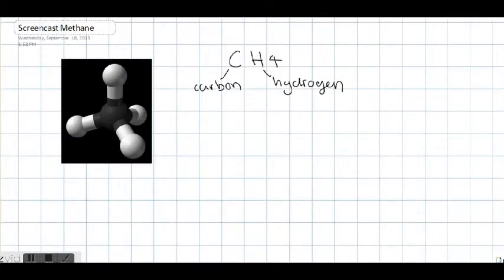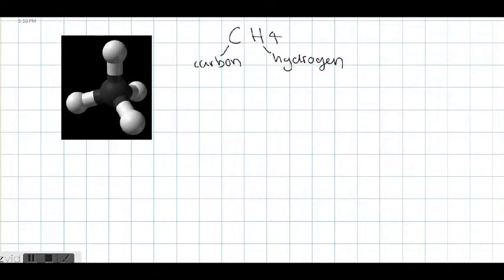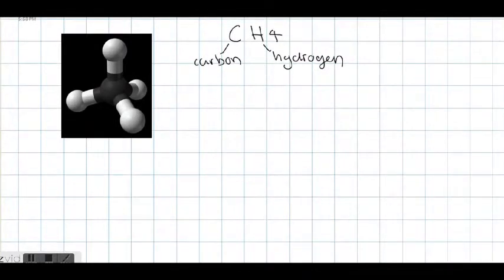Now, the best way to find out a lot about an atom is to draw a Lewis dot structure. And to draw a Lewis dot structure, all you need to know is what compound it is, and all you need to do is look up the two different atoms and see what group they are to see how many valence electrons they have.